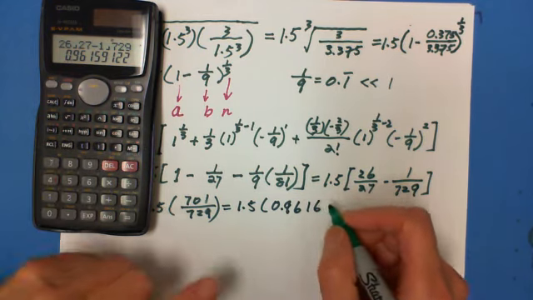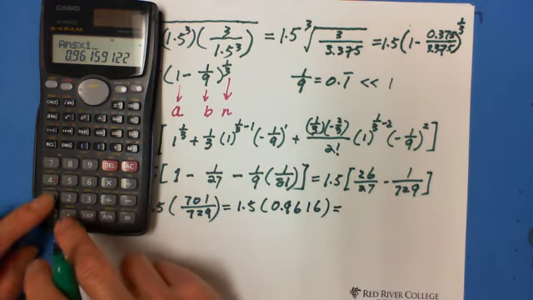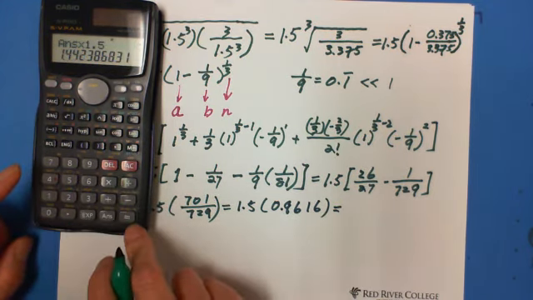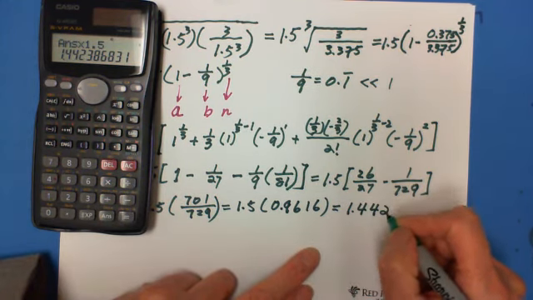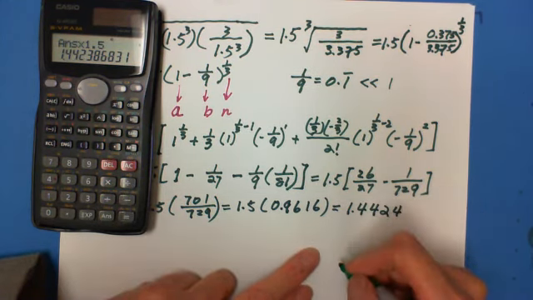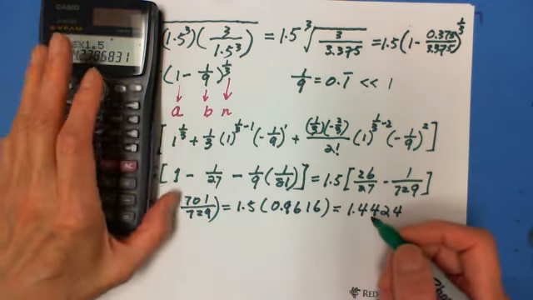We round up to 6, and multiplying by 1.5 equals 1.4424. Round up 8 to 3 to 4. So this is the answer.